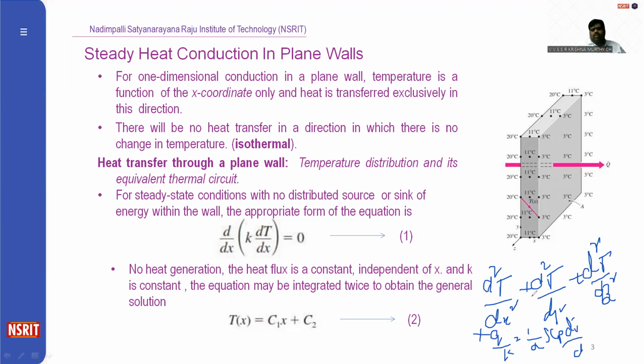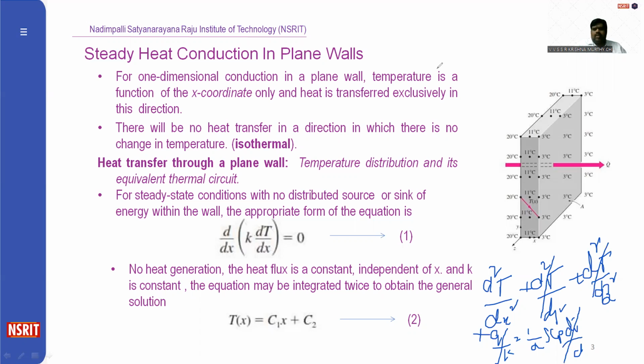We are assuming it to be one dimensional, so the d square T by dy square and d square T by dz square terms will be 0. There is no internal heat generation, so that is also neglected. And we are talking about only steady state, so the derivative with respect to time will be 0. The remaining equation is d square T by dx square is equal to 0, which I mentioned here.